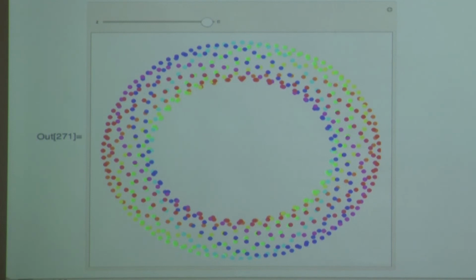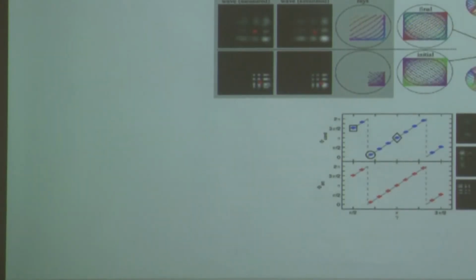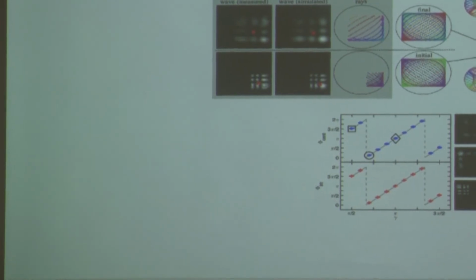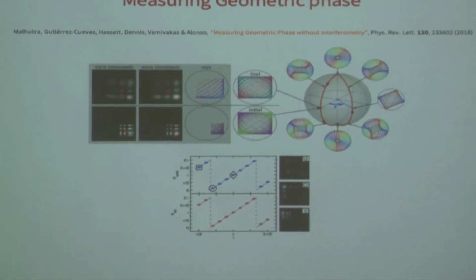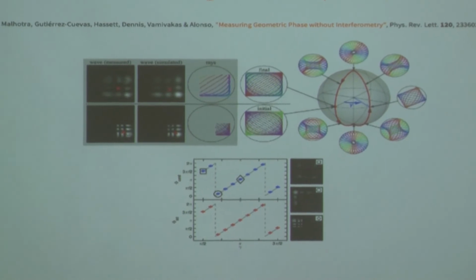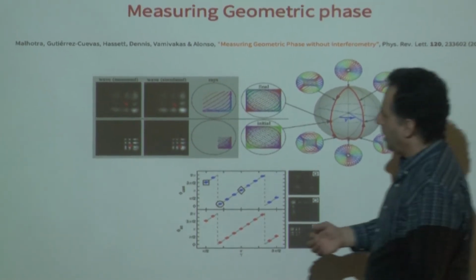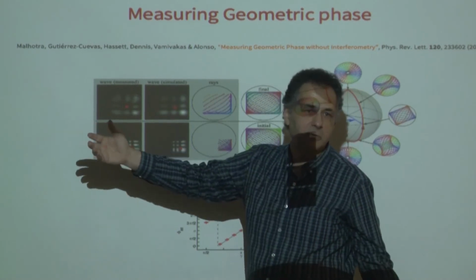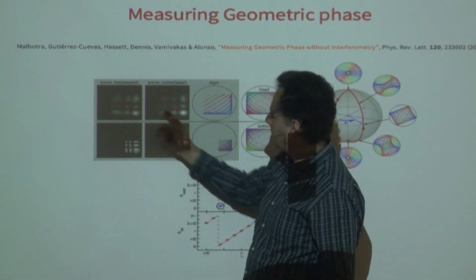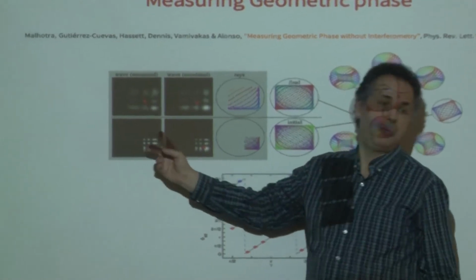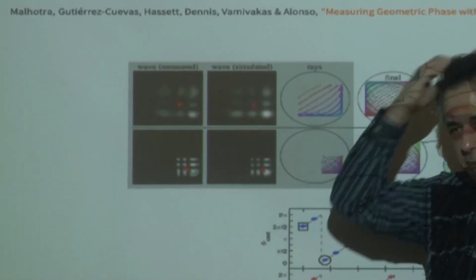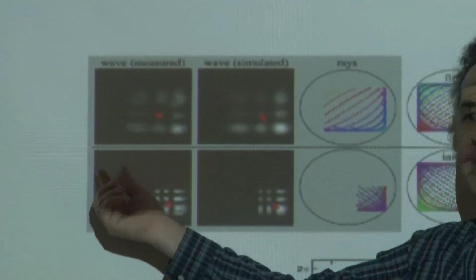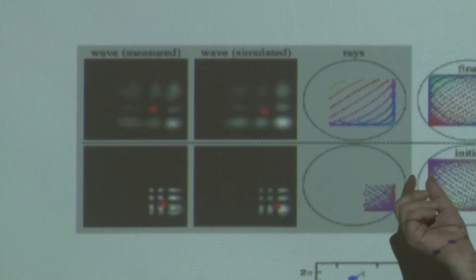And in fact, with a colleague in Rochester, we precisely use what you said. We can label the rays. We can measure this geometric phase by blocking part of the beam, seeing where the shadow goes. So if I block part of the beam and let it propagate, here we block quite a bit of the beam because it was better for measurements, but I could have blocked just a little part, and that shadow would migrate somewhere else.